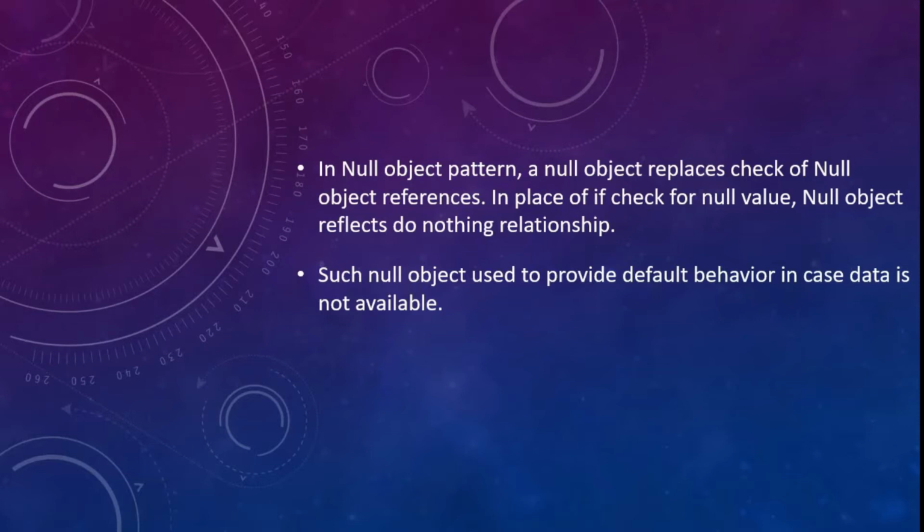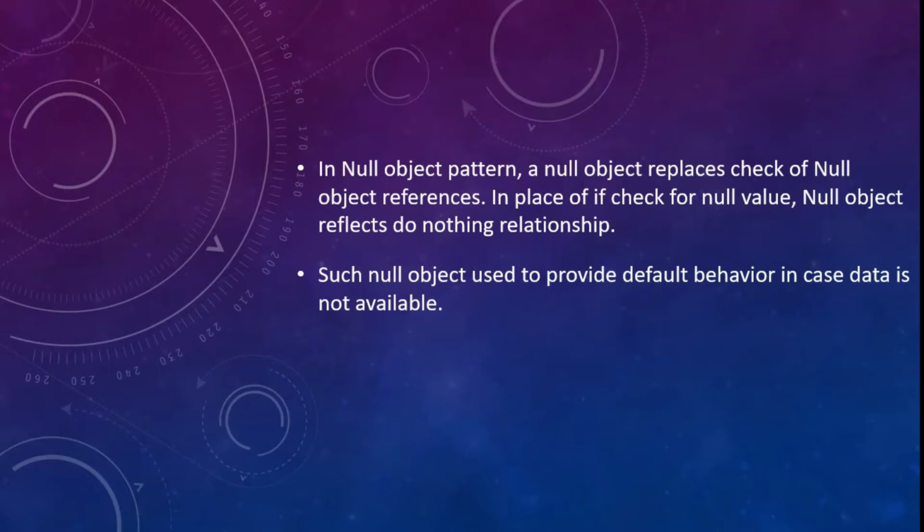Basically, in the null object pattern, a null object replaces the check for null object references. In place of an if check for null values, a null object reflects a do-nothing relationship. So whenever we want to check for null object references, in place of checking, we will use a created null object.